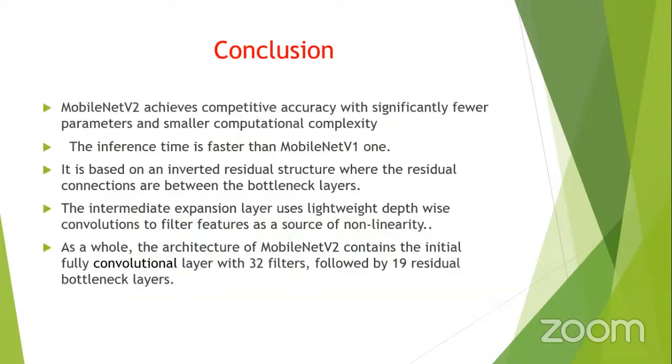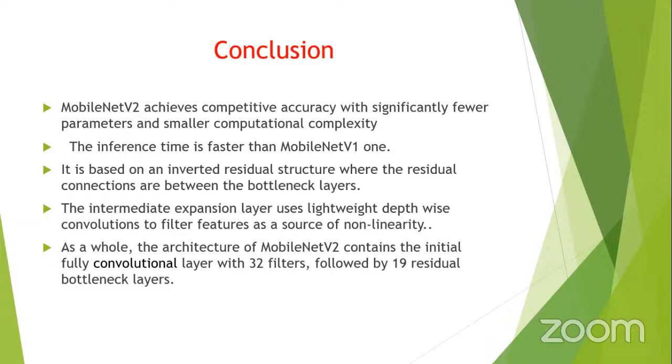Now, I move forward to conclusion. So we see that MobileNet version 2 achieves competitive accuracy with significantly fewer parameters and smaller computational complexity. The inference time is faster than MobileNet version 1. It is based on an inverted residual structure, where residual connections are between the bottleneck layers.